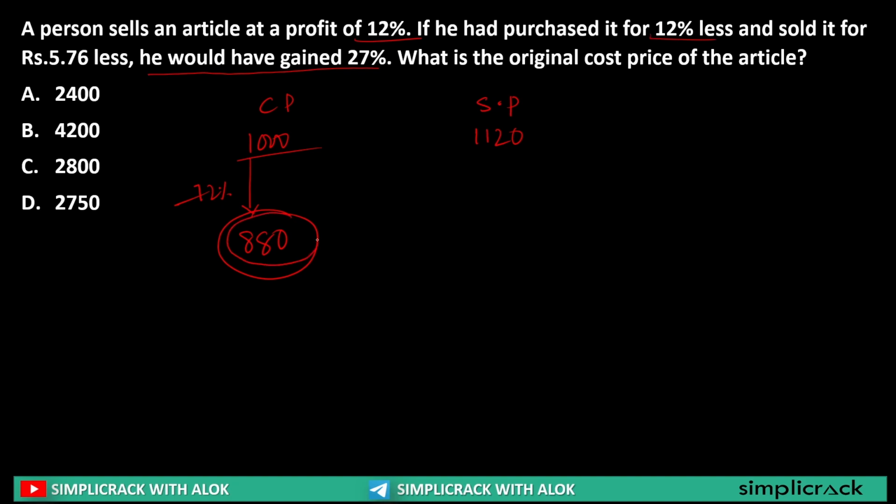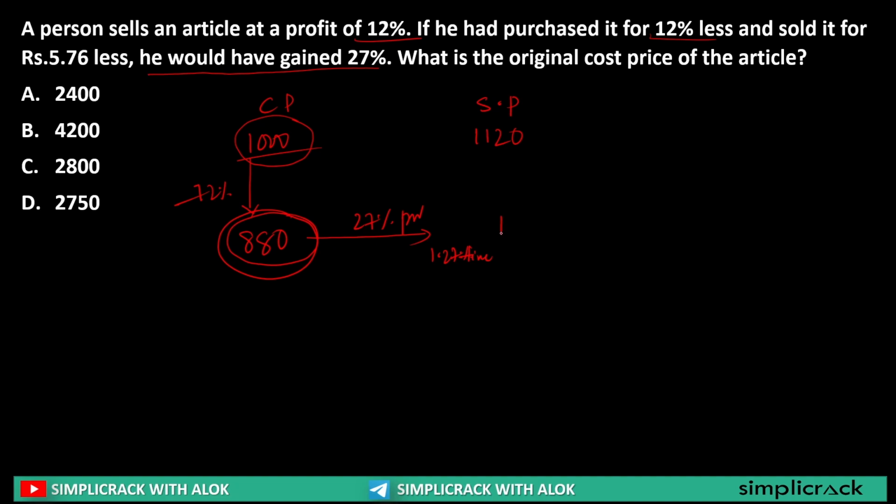So on this amount, that's the confusion, or that's the error that most of the people do. You calculate 27% on this. You should not. You should be calculating 27% profit on this. So 1.27 times of this whole thing will be 8766.